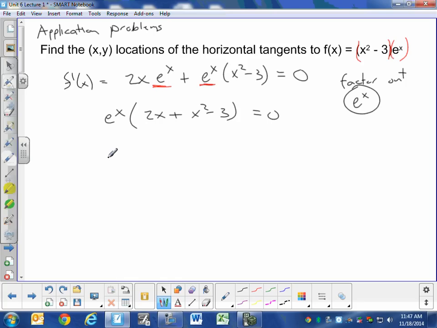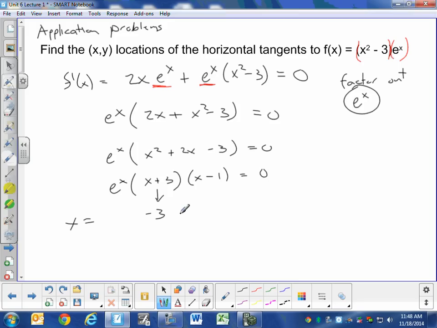Okay. And then I'm going to see if I can figure out what this stuff is in the middle by factoring. And I get x plus 3, x minus 1. So that gives me an answer of negative 3 from this guy. Gives me an answer of 1 from this guy.